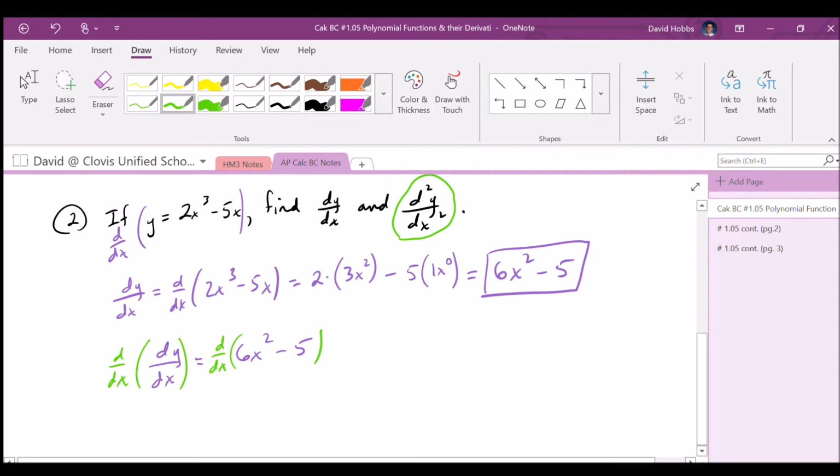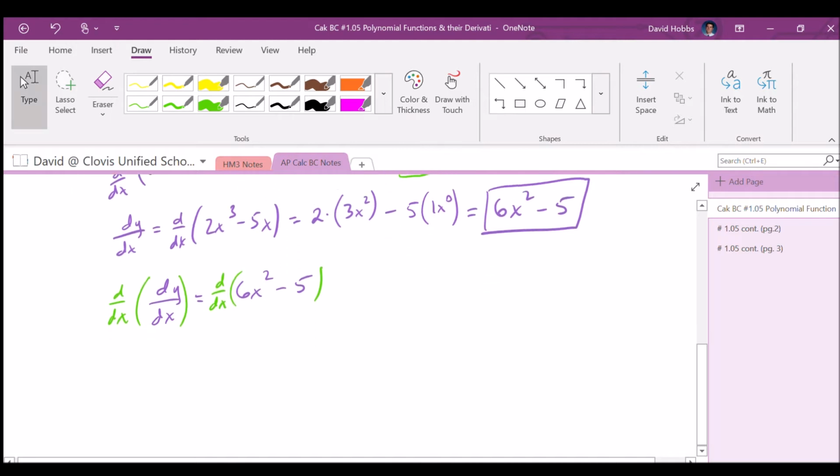And it's important for us to understand what's going on with the notation. So just kind of take a look at it algebraically. D of dy, so that becomes d squared y. And then dx dx. Now technically it should be really like this: dx quantity squared.